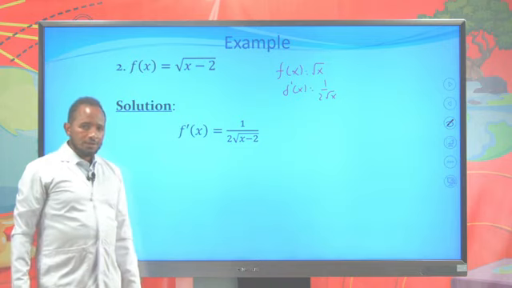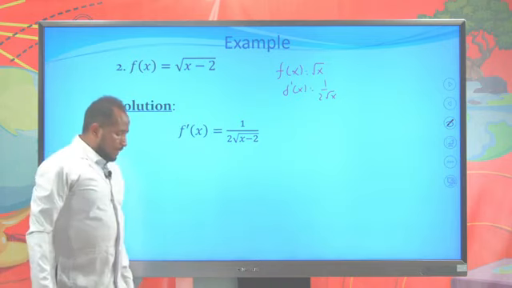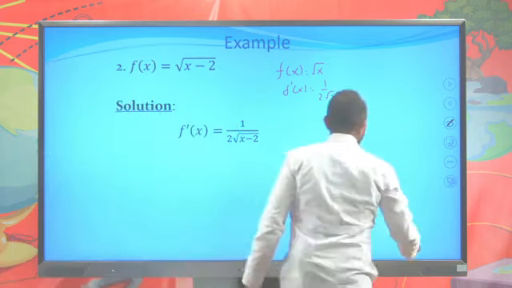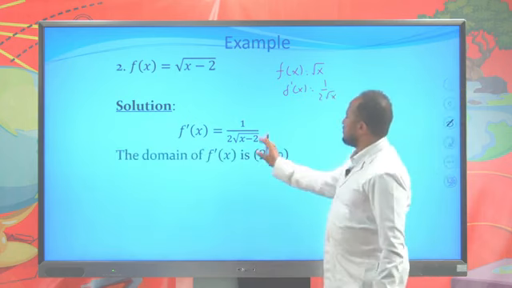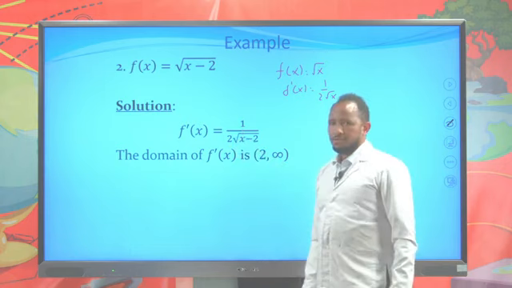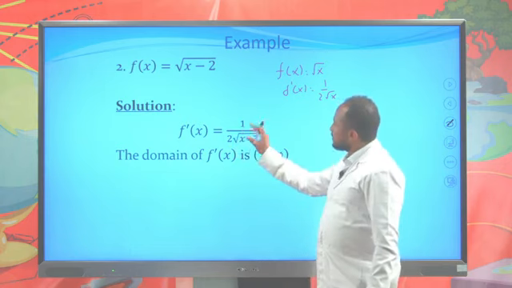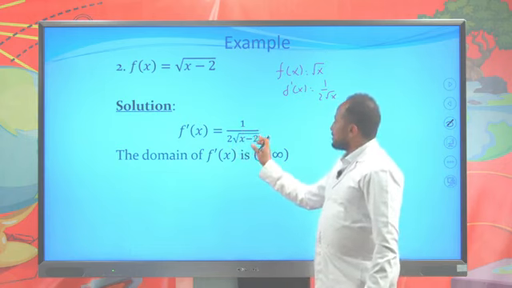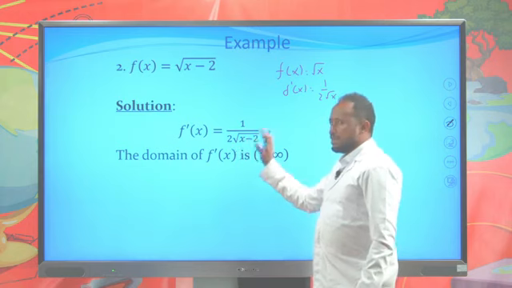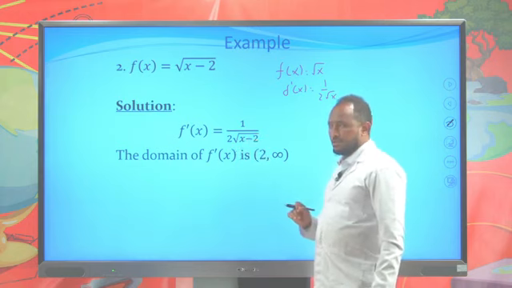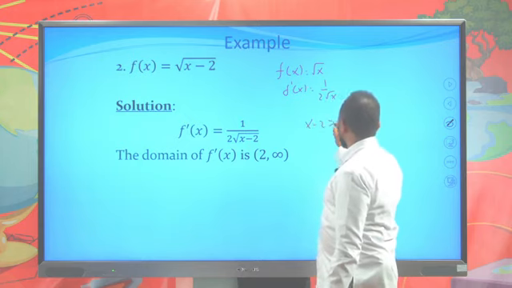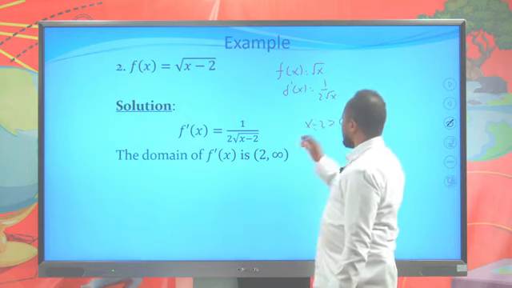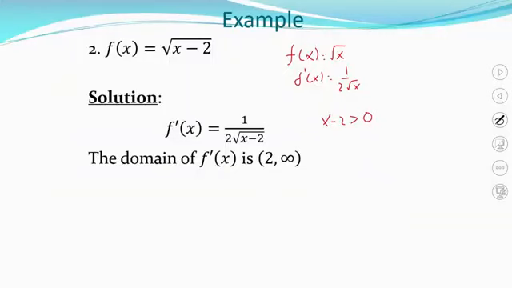So to find the interval in which this function is differentiable, simply you take the domain of this expression. The domain is where x minus 2 must be greater than 0.